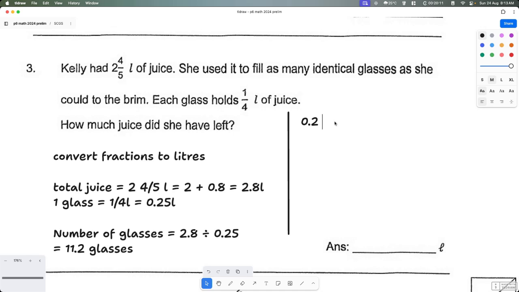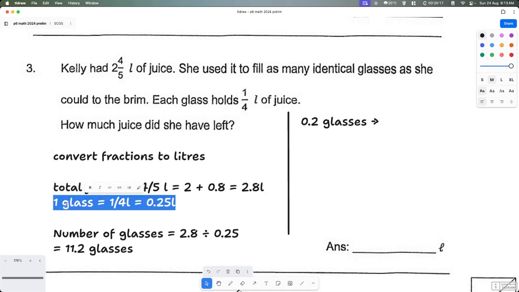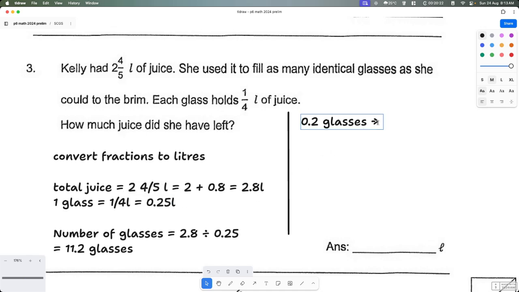We know that 1 glass is 0.25 liters. Then 0.2 glasses is 0.25 times 0.2.